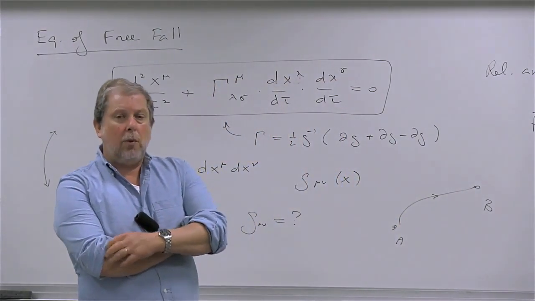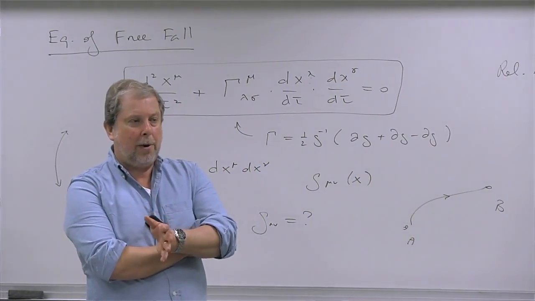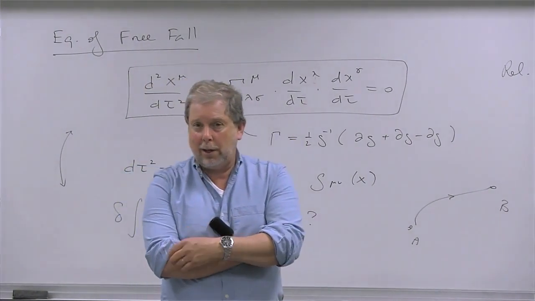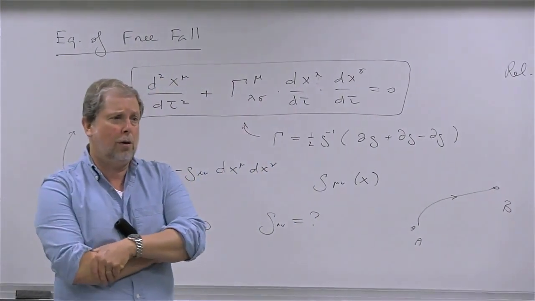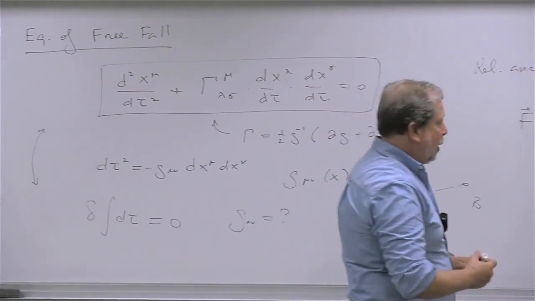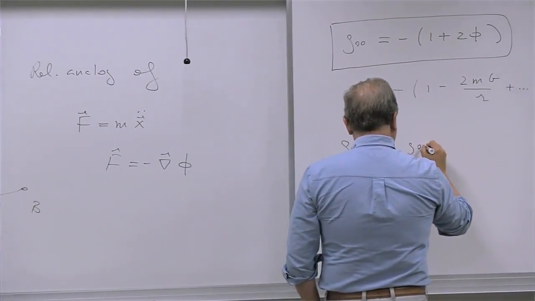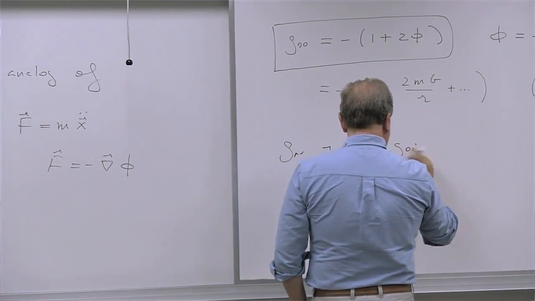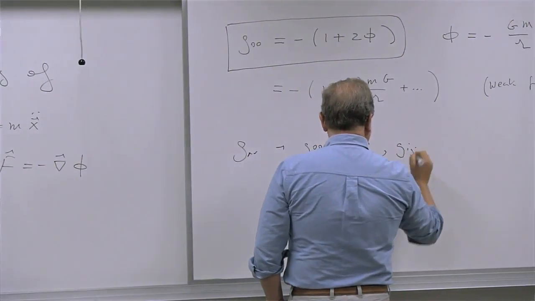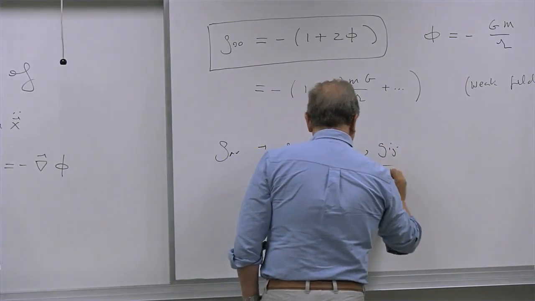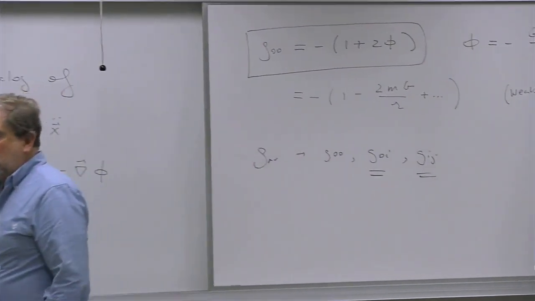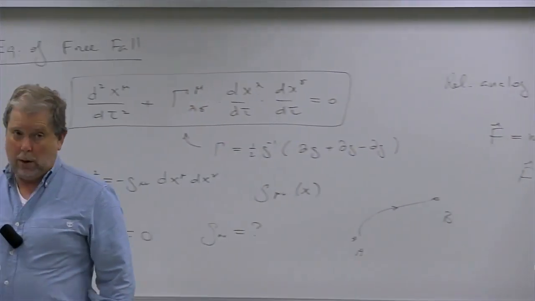So here we're missing the greater part of the gravitomagnetic and gravitoelectric fields, which are the additional components of the metric. We can think of the metric as being composed of g naught naught, and then g naught i and g i naught, and then g ij. So we're completely missing these ingredients.